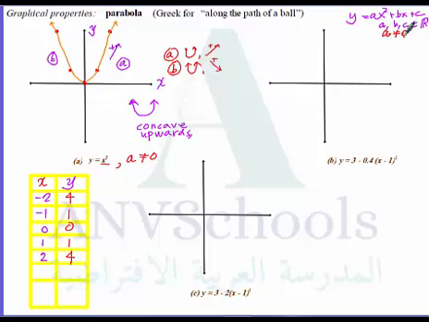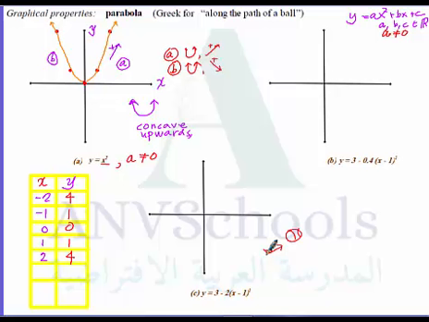By the way, the graph of a quadratic function is called a parabola, from the Greek word meaning along the path of a ball, because a ball could be kicked and it would give you a projectile motion, which is curved in nature. So in illustration, if this is a ball and you kick it, this is your feet.